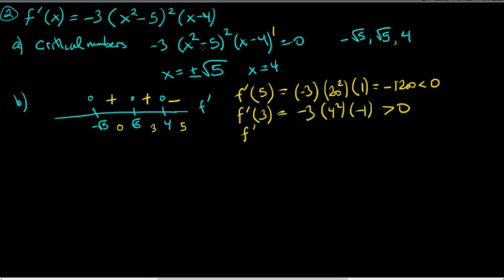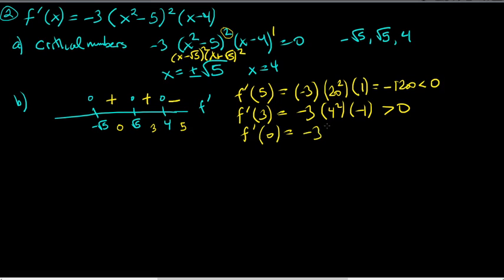And again, I knew that because the exponent is even for both factors, right? You have a factor of x minus the square root of 5 and a factor of x plus square root of 5, but they're both squared. So because the exponent is even, you're going to get a sign that doesn't alternate.